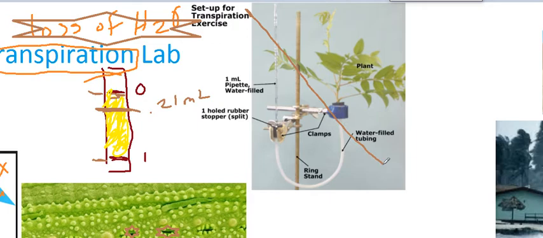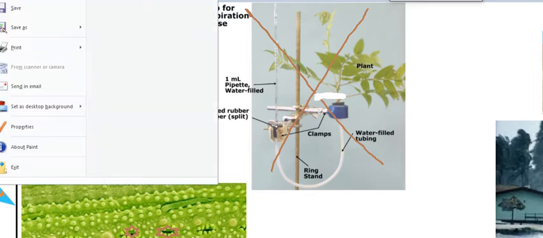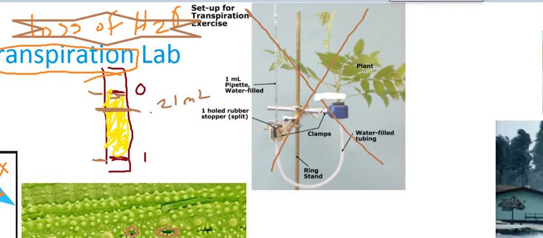The setup I just put an X on is what we had in class. That is very close to what we had available to us. And as a reminder, the water moved literally this direction.